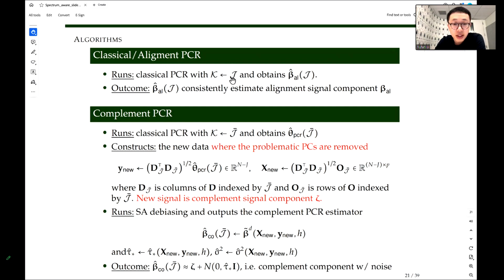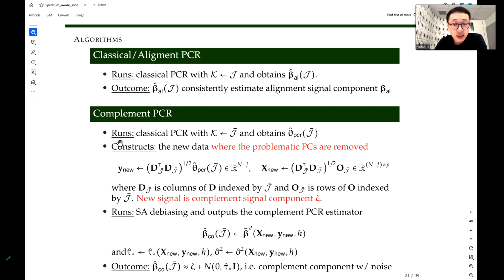with the set being this problematic set of aligned PCs or outlier PCs, and then you produce the estimator beta hat AL that consistently estimates the alignment signal component beta AL.